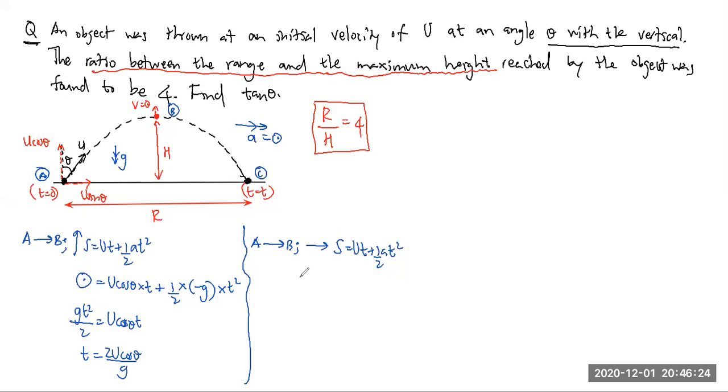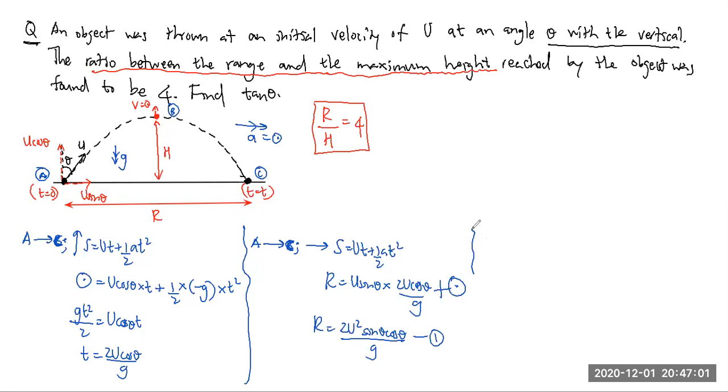So horizontal displacement from A to, in fact, A to C, sorry, for the entire motion, not A to B. This point is C, this point is A. So horizontal displacement is R. Horizontal initial velocity is u sin theta into time, which is 2u cos theta over g, plus the rest will be 0 because acceleration is 0. So R is in fact 2u squared sin theta cos theta divided by g. So that is the first equation.